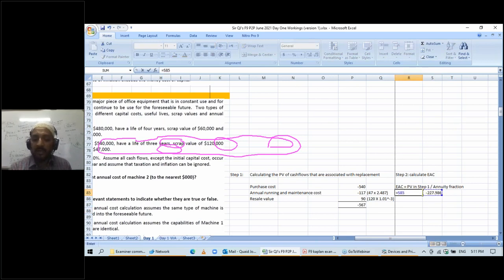Let me show you the working as well: minus 567 divided by 2.487 gives you the EAC, which is 228.